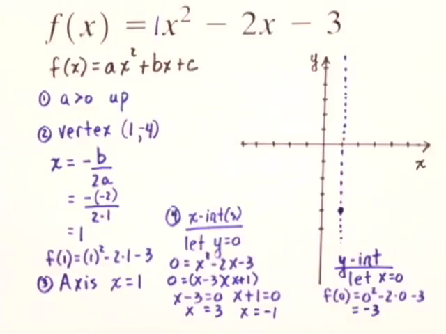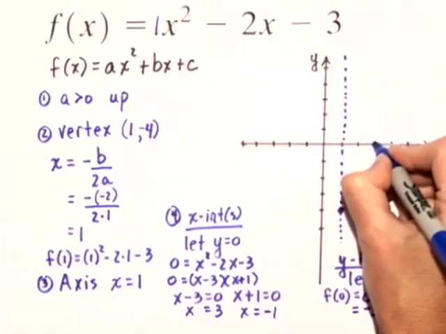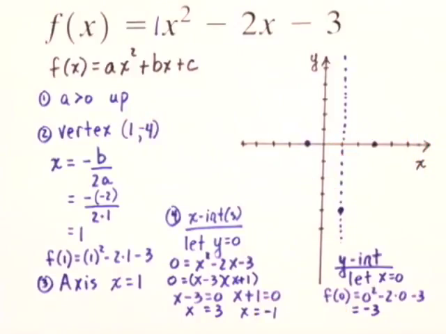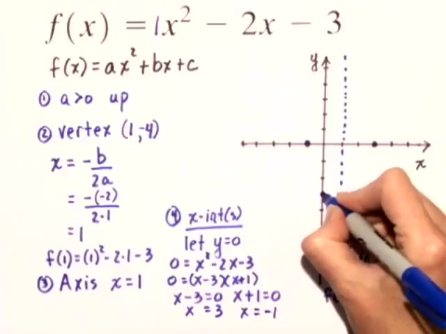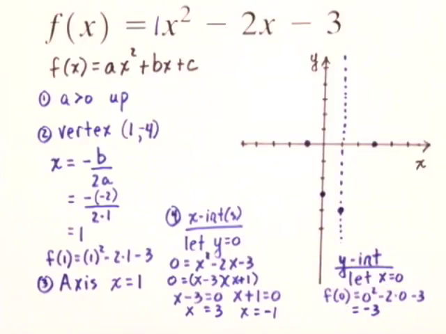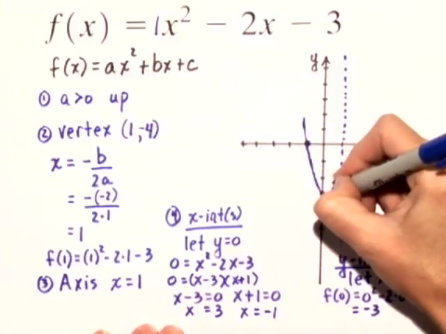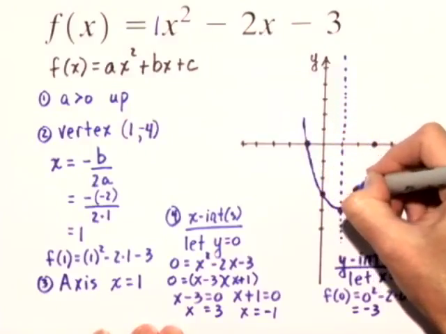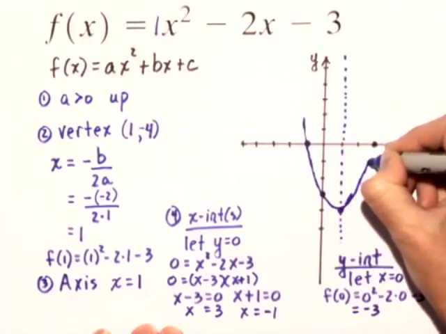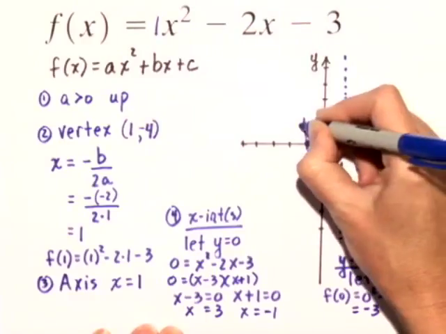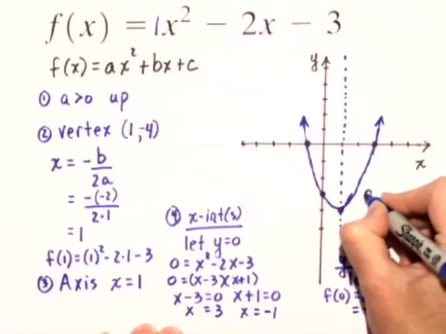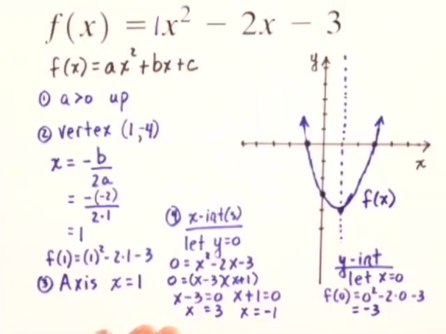We'll also plot the two x-intercepts we found, positive 3 and negative 1. And finally, the y-intercept is negative 3. Now we'll sketch this and make a smooth curve. This is the graph of our function f of x.